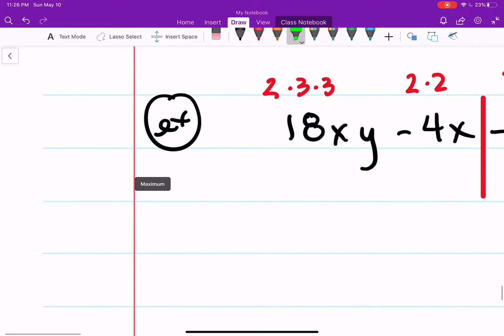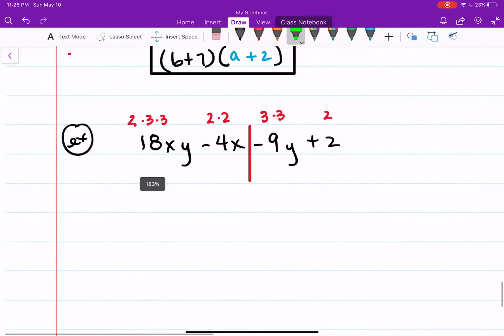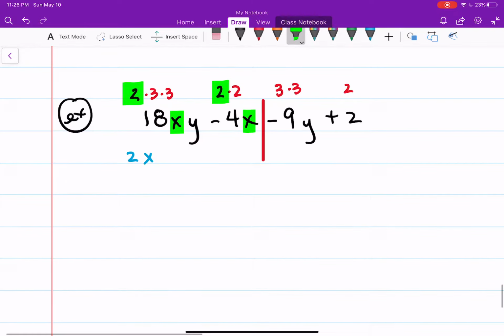I have a 2, but that's it. And then they both have an x, so I can take out an x, but the second term doesn't have a y, so I can't pull out a y. So my GCF here would be 2x, and that's it. So let me highlight it. The 2 and the x, the 2 and the x, right? Because the second term doesn't have a y, so I can't pull it out. All right, so what do I have left? I have 3 times 3, which is 9. I have a y, and I have a minus, and I have a 2 left.